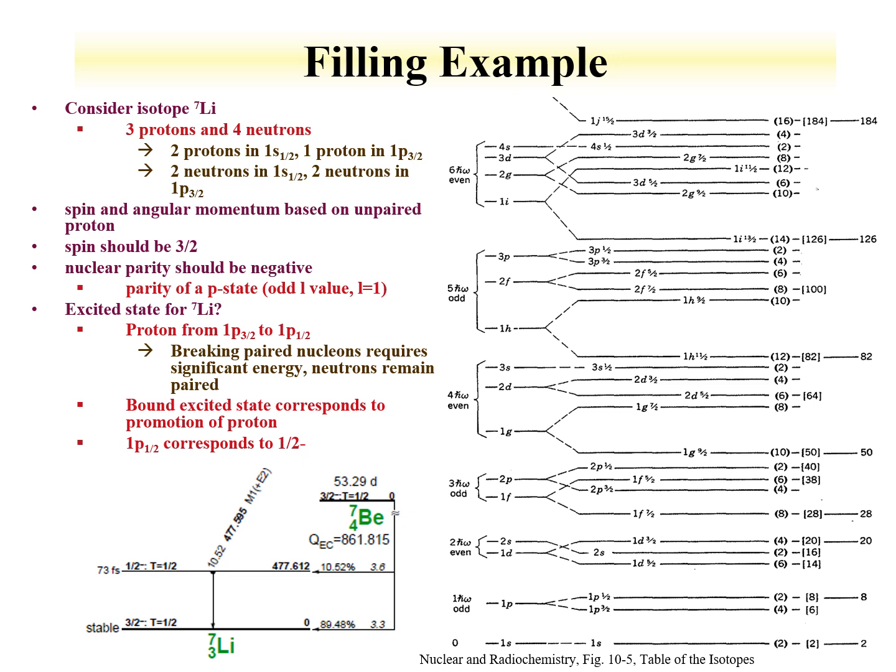The parity is based upon the angular momentum p. It's an odd L, so it should be negative parity. We would predict that it would be 1/2 minus, and that is what we see. The excited state's 1/2 minus, and it correlates with the shell model.